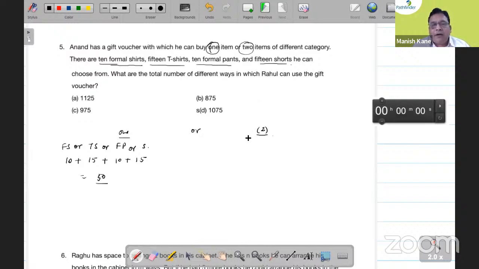But he can also buy from two categories. Now, which two categories?